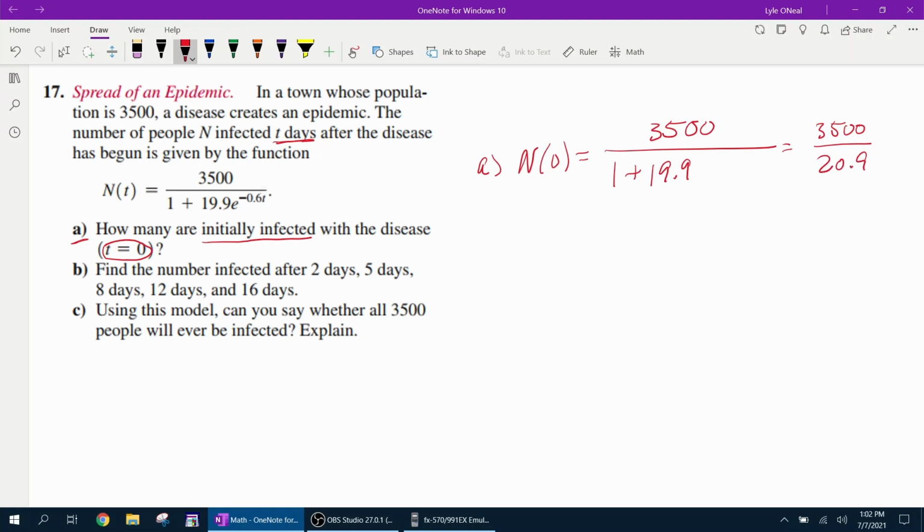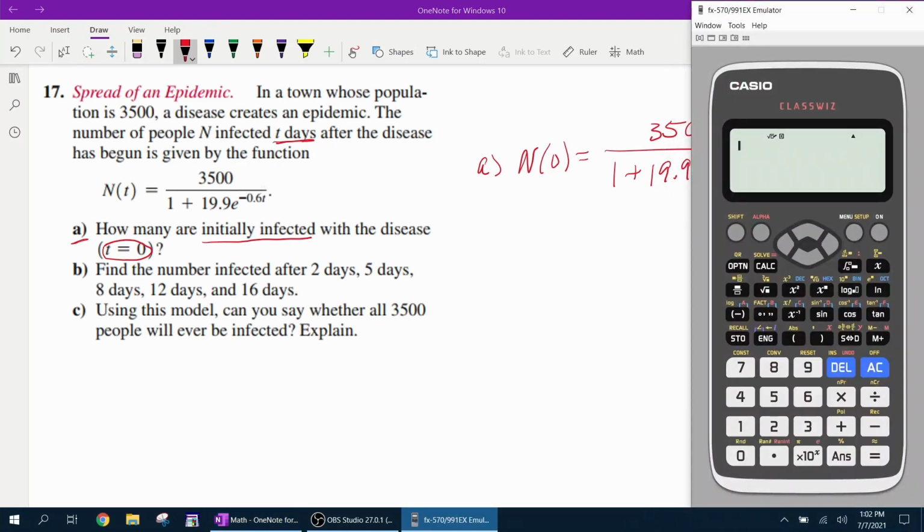And we're still going to need a calculator for that. 3,500 divided by 20.9 as a decimal is 167 point. Now listen, you can't have half of a person. Remember, N is the number of people, so we're always going to need to round this to the nearest whole number.